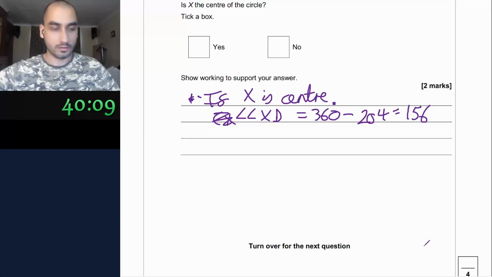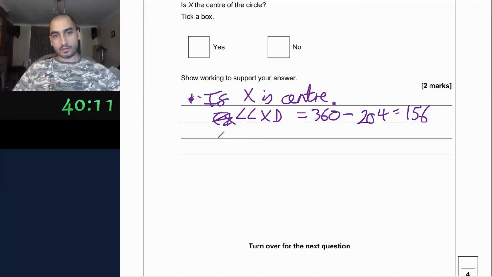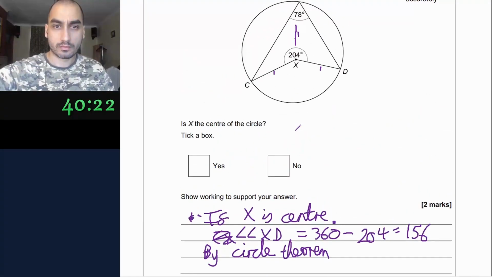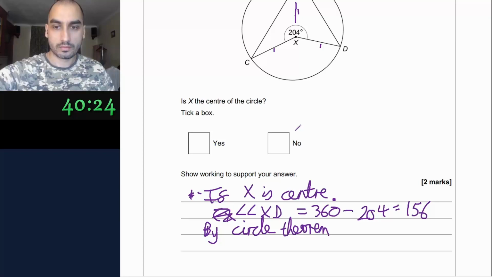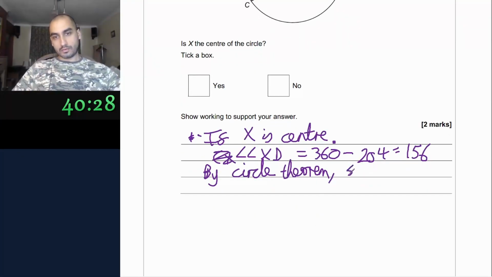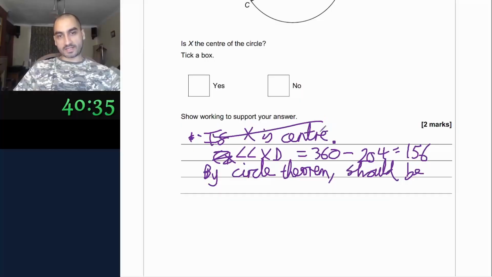Okay. And then by circle theorem that I don't remember, and we don't even need to assume X is the center.